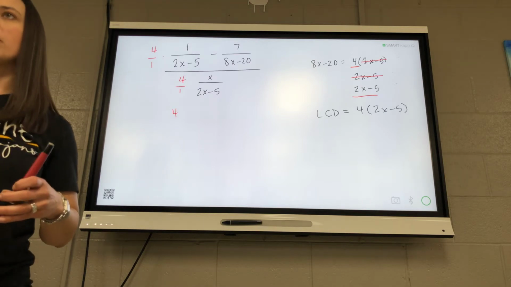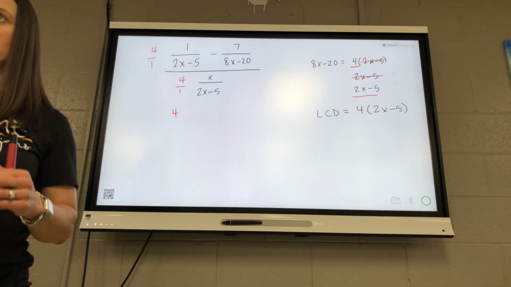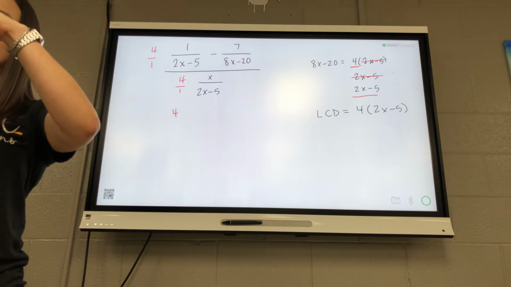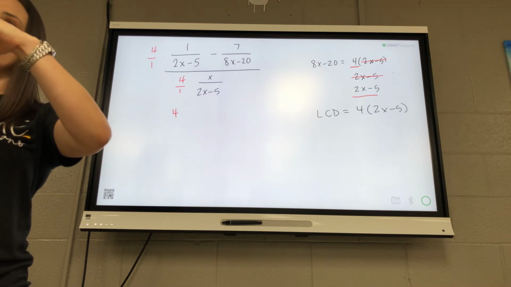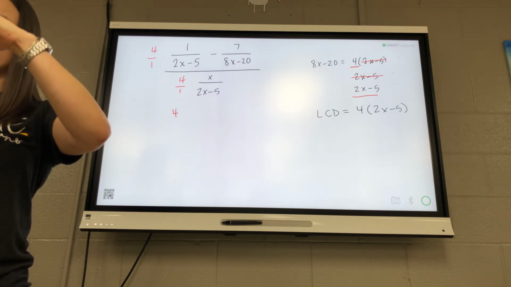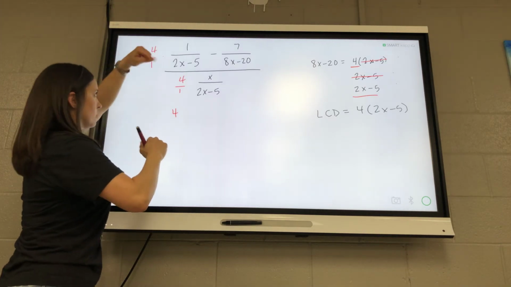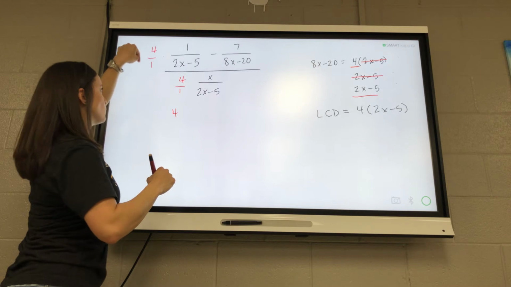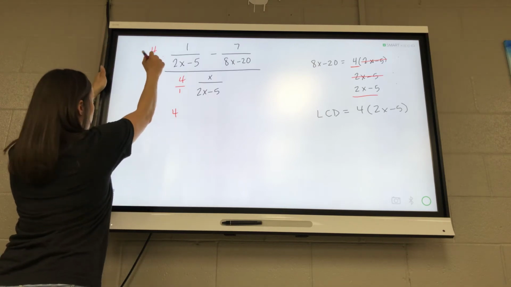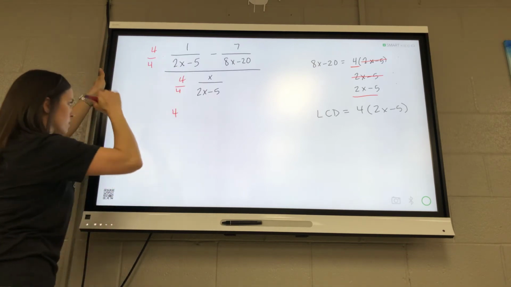Last time we were multiplying by 3x over 3x. If we were splitting it into the numerator and denominator, it's 3x over 1 and 3x over 1. I wish I would have erased it. Let's multiply by 4 over 4, so you guys can see it.